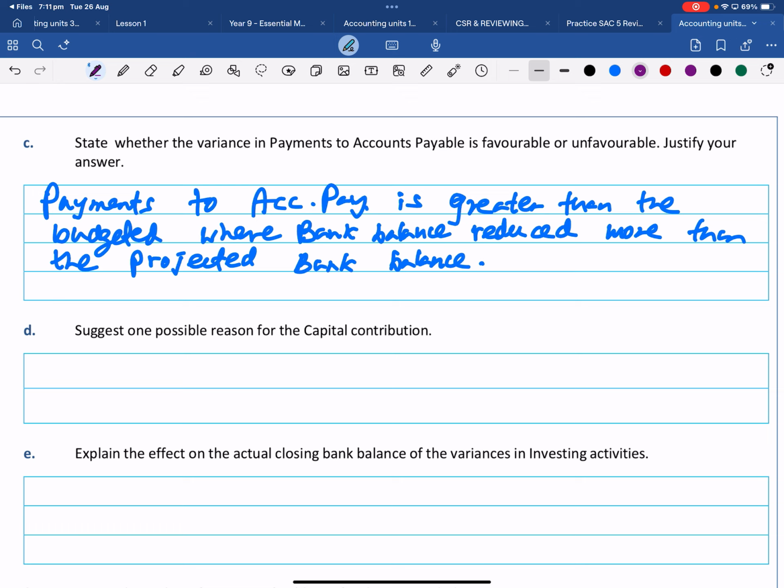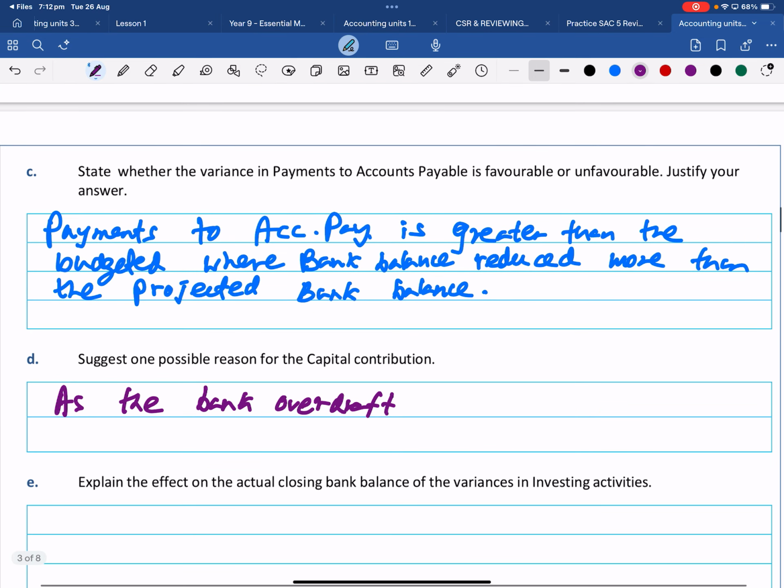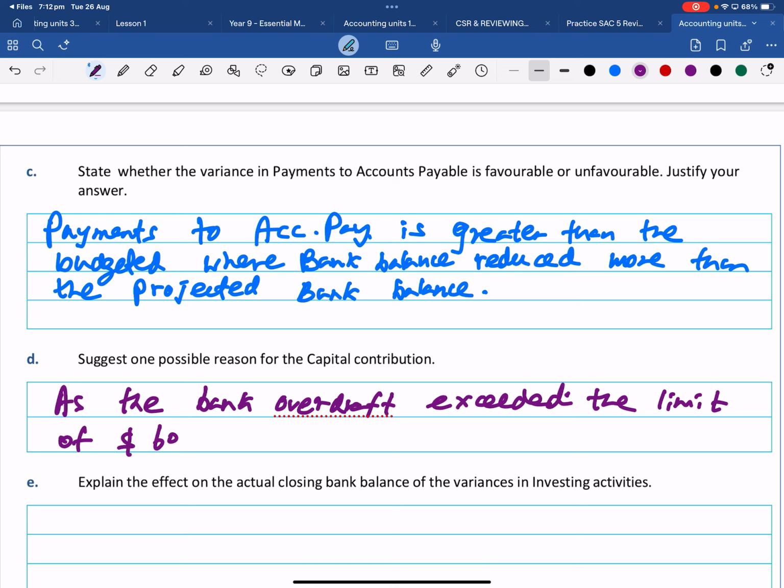The owner had to contribute money, as the bank overdraft exceeded the limit. 6,000.